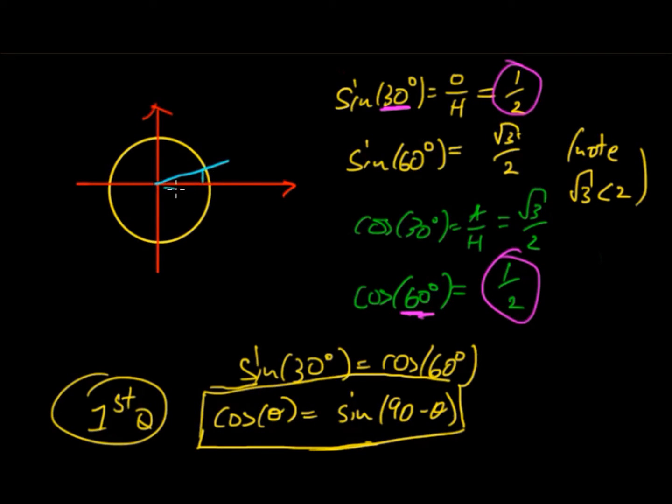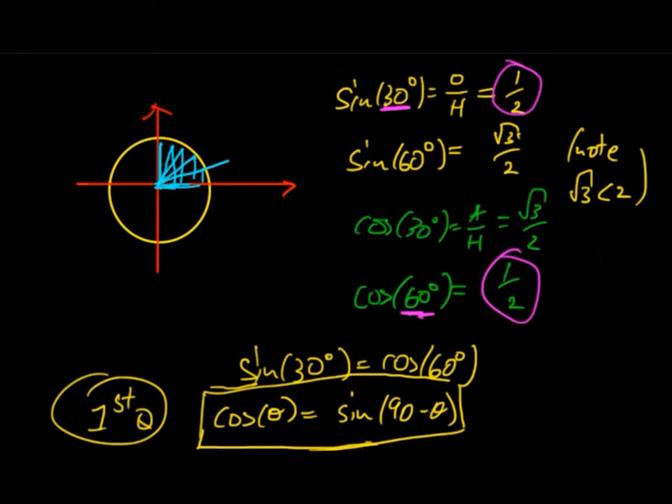As we increase the angle, you can see that cos decreases, until it reaches 0. So that means cos 30 degrees will be greater than cos 60 degrees. So cos 30 is root 3 on 2, and cos 60 is 1 on 2.